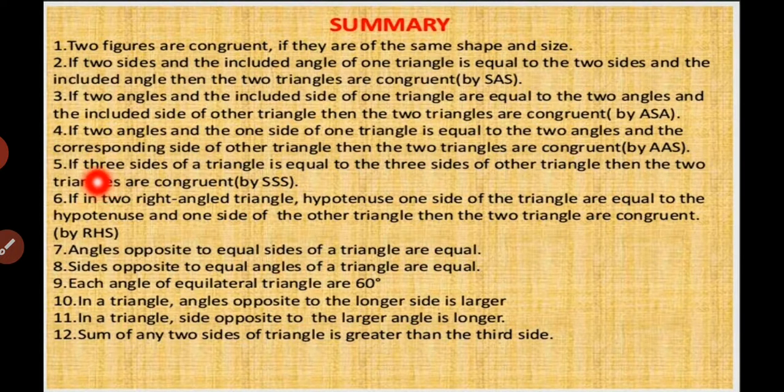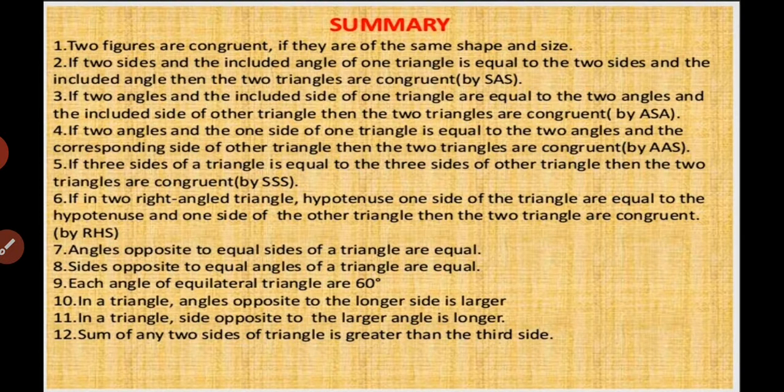Number 5, if three sides of a triangle are equal to the three sides of the other triangle, then the two triangles are congruent by SSS criteria. Number 6, if in two right angle triangles, the hypotenuse and one side of one triangle are equal to the hypotenuse and one side of the other triangle, then the two triangles are congruent by RHS criteria.